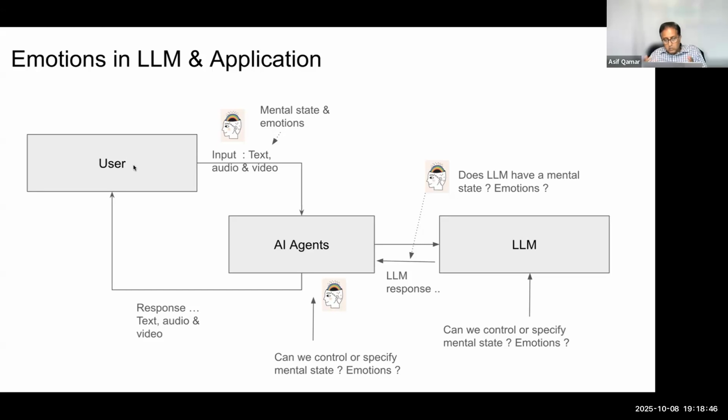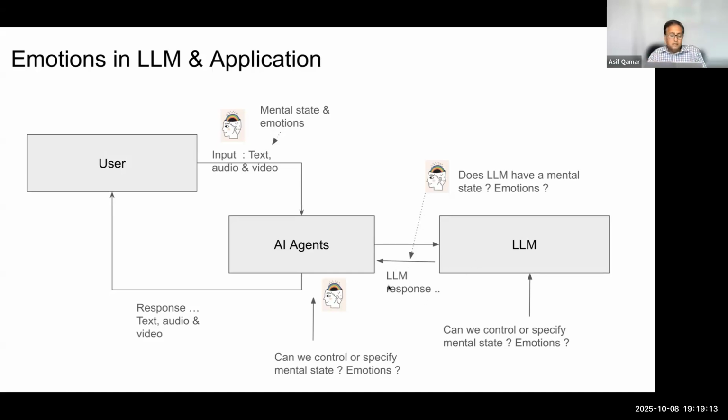This user is like you and me, trying to interact with an application using input like text, audio, or video. And while it's going on, the agentic backend application is working with the large language model and providing the response back.